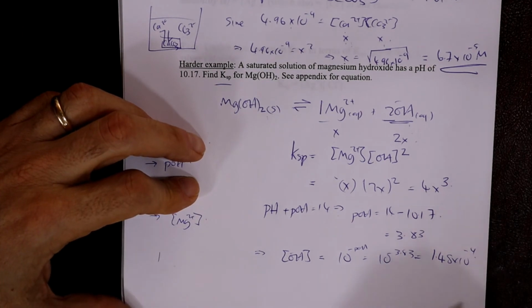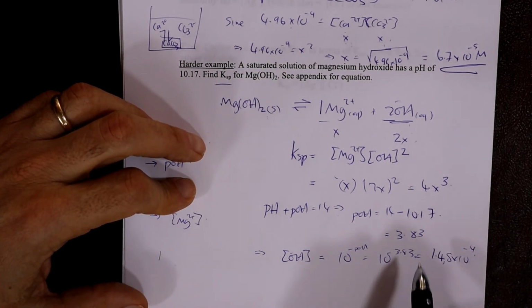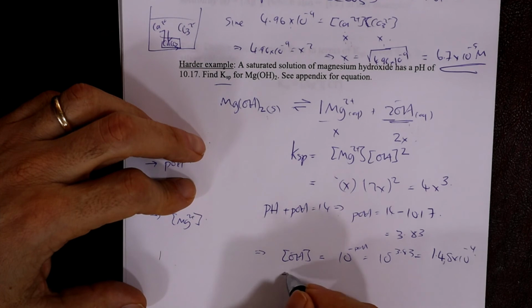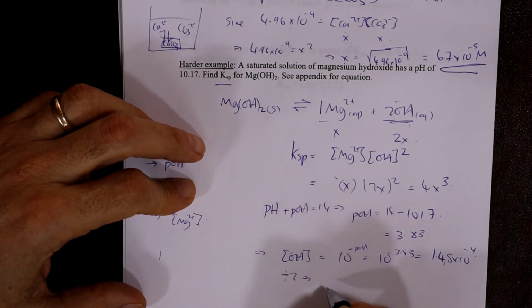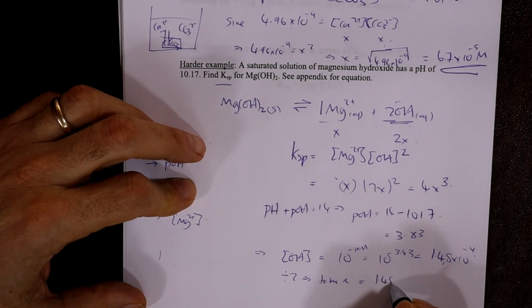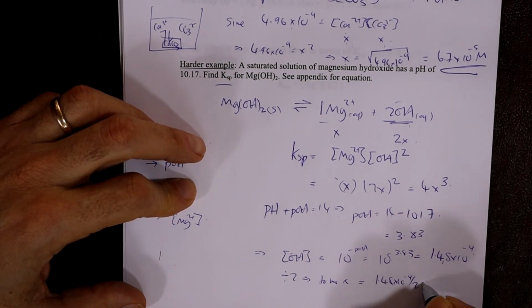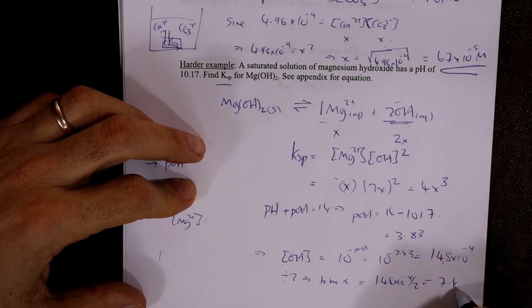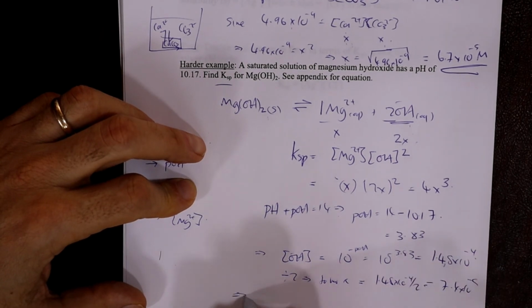Okay, so that's the OH minus ion concentration. Divide by 2, therefore, to find X, which equals 1.48 times 10 to the minus 4 over 2, 7.4 times 10 to the minus 5.